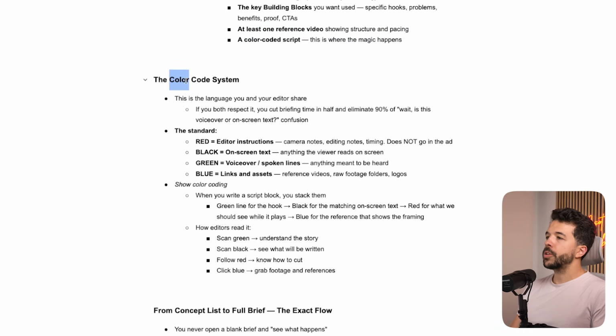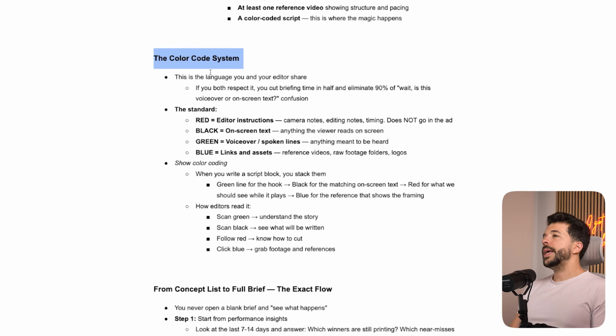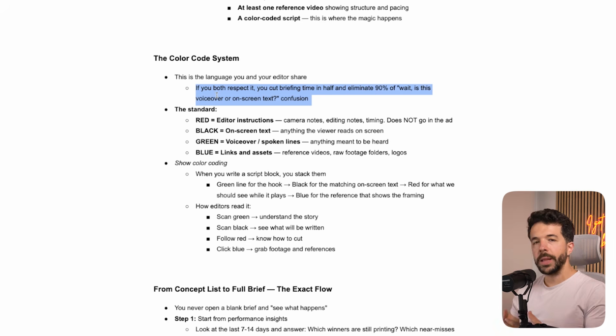Now, we talked about the color code system. And this is something that allowed our creative strategists to save a lot of time. And this is basically the language. It's some sort of hidden language between you as the creative strategist and your editor. You guys share this color code and you don't need to explain every time, hey, these are instructions.